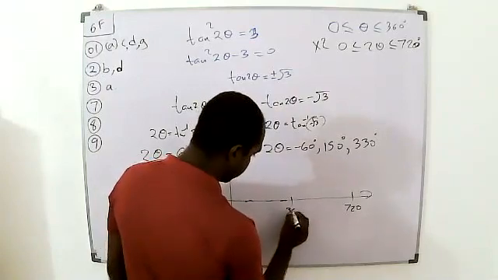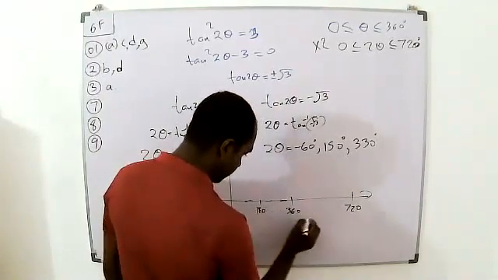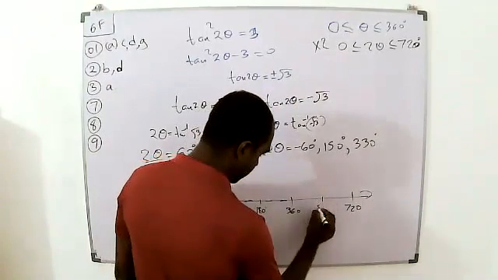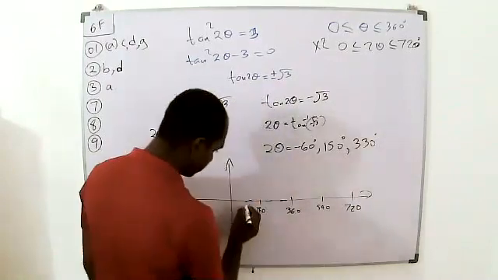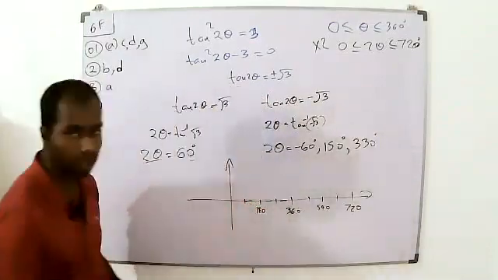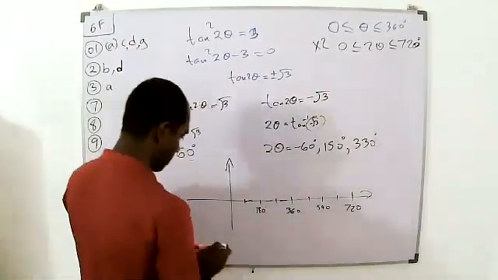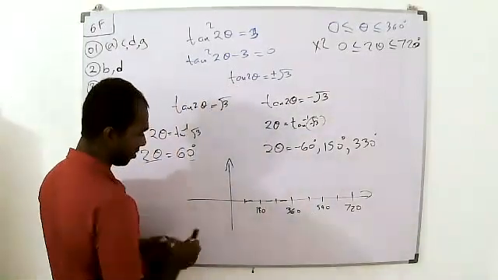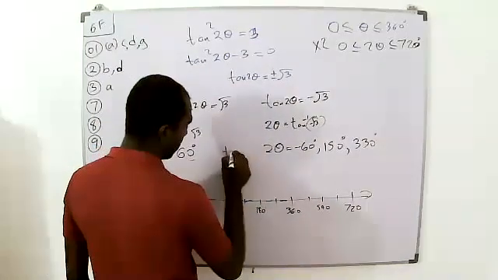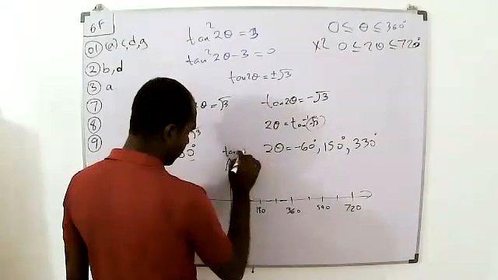It's like 360 here. Tan 2 theta. It will not be tan 2 theta, it is tan theta.